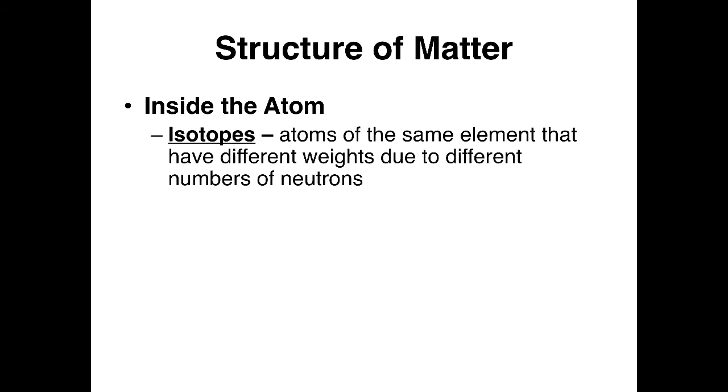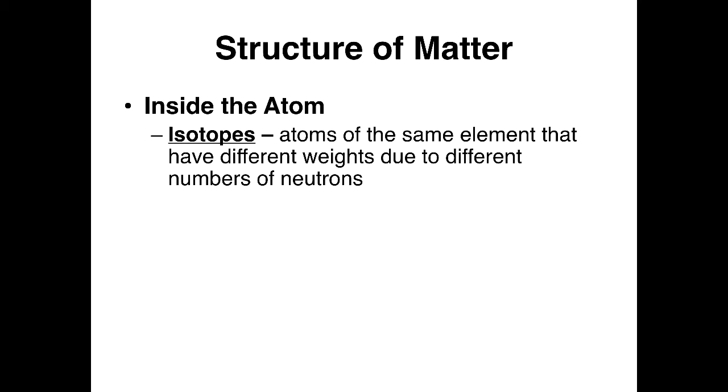Now, isotope is a term that identifies atoms that are the same element. That is, they have the same atomic number, they have the same number of protons, but they have different atomic masses and atomic weights. And these differences are due to different numbers of neutrons in the various isotopes.